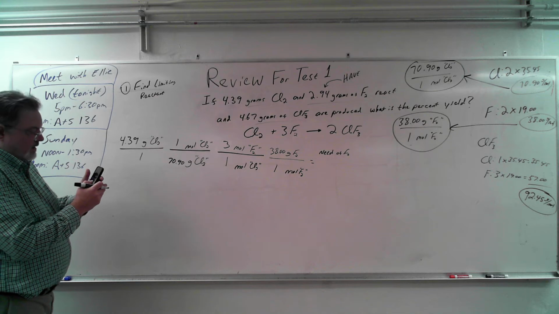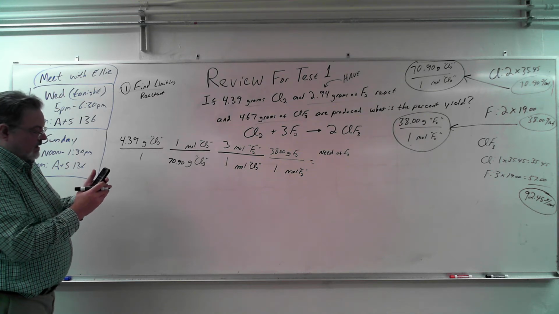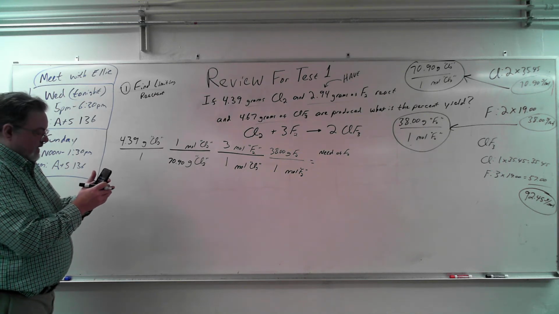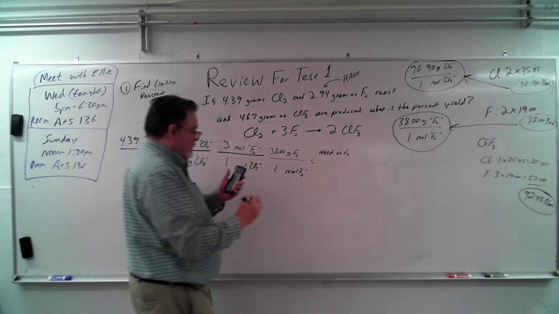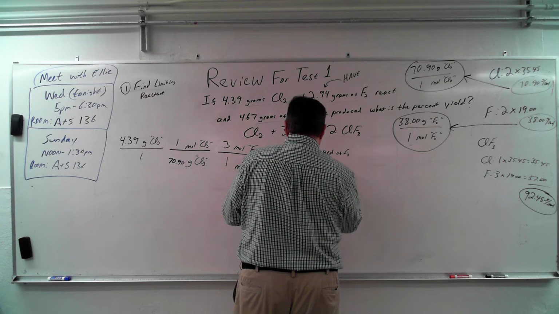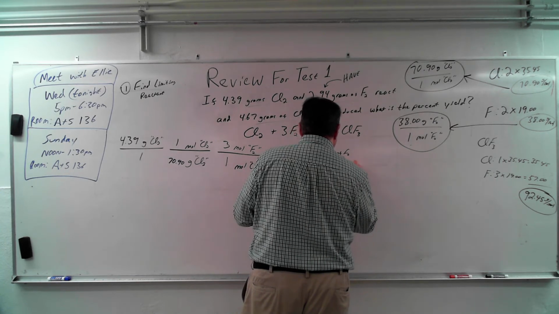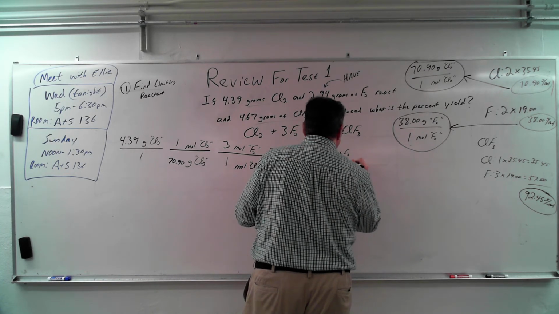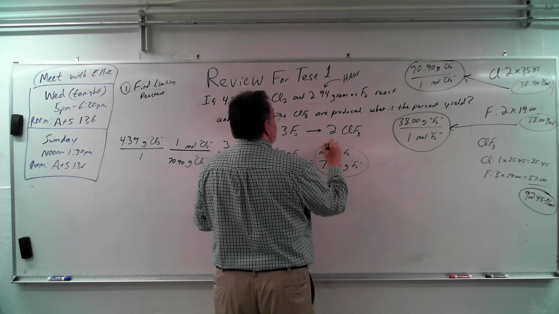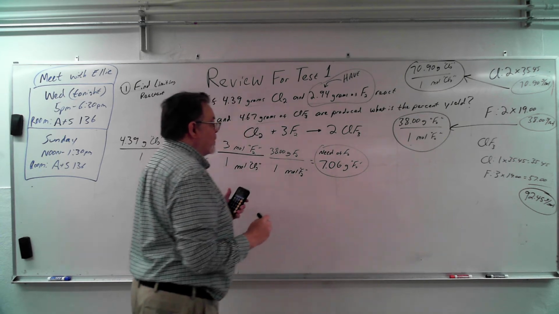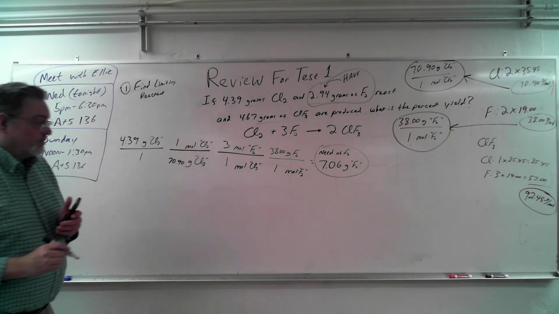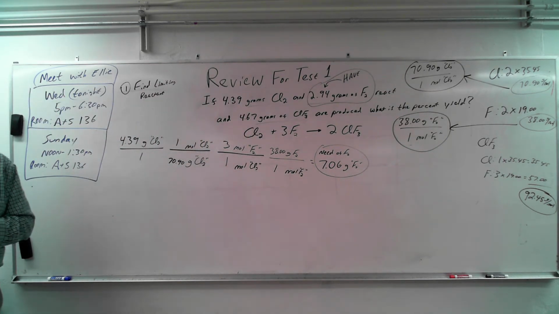4.39 times 3 times 38 divided by 70.90. This is how much we need, and this is how much we have. We have 2.94, but we need 7.06. So what does that tell us?